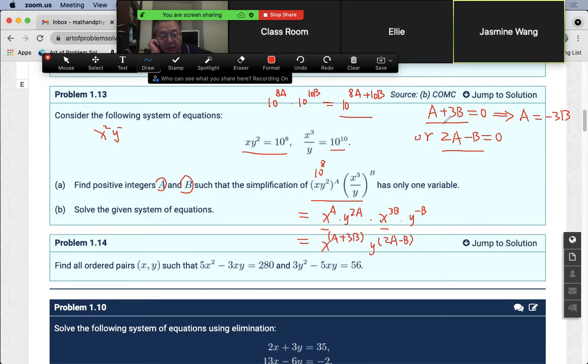From the power of x equals 0, then we got this. From this one, then we get b equals 2a. But then they ask us to find the positive integers.